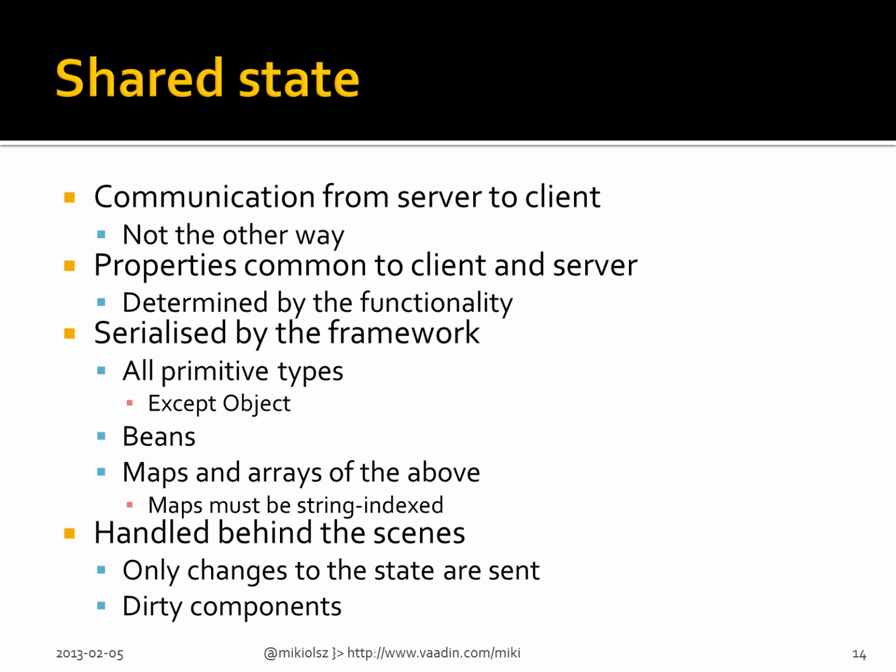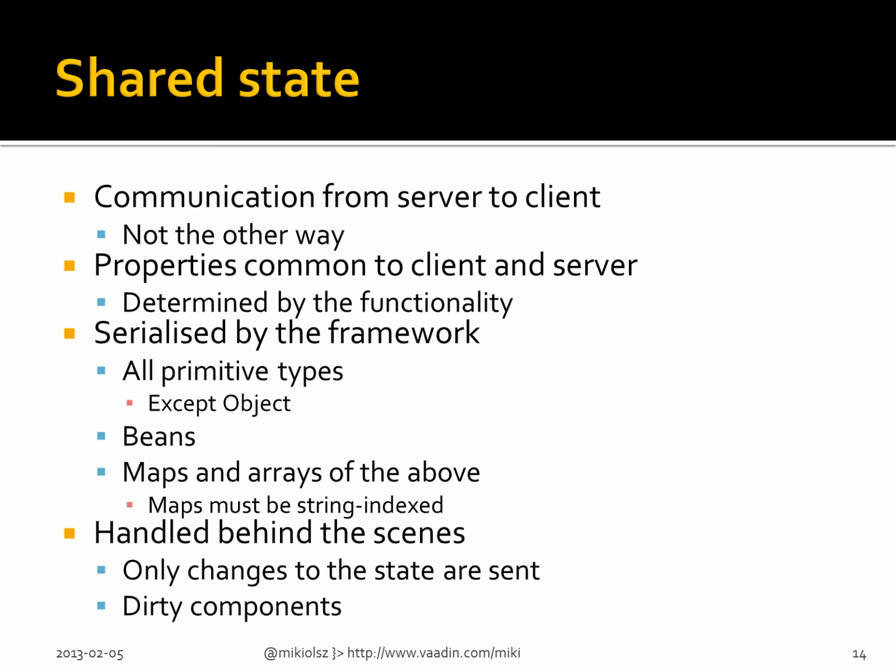What happens behind the scenes is that the state gets serialized by the Vaadin framework, so we don't have to do that. We just have to write changes to the state object. What we can serialize is all primitive types, so integers, floats, doubles, booleans, etc., except the object, because there is apparently some problem with that.